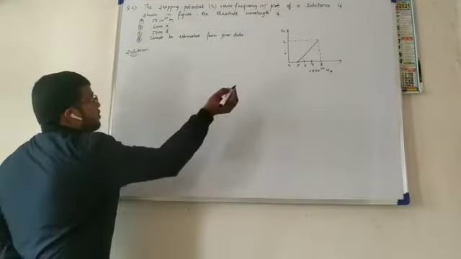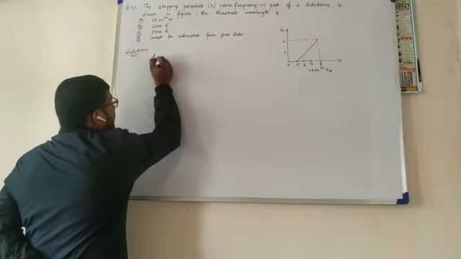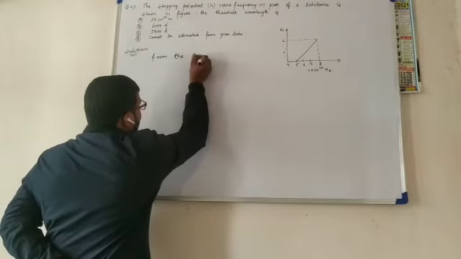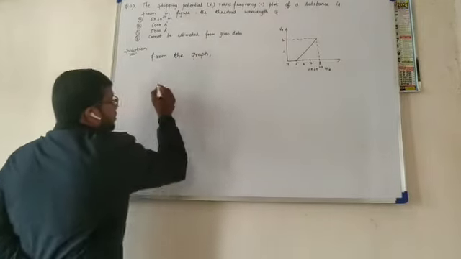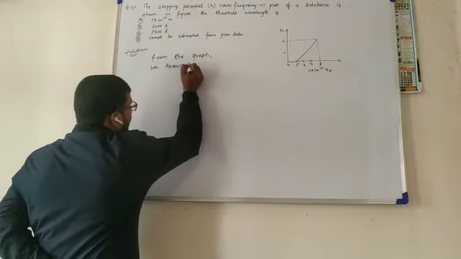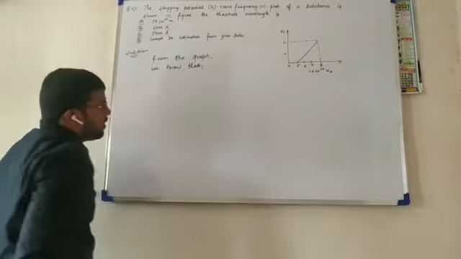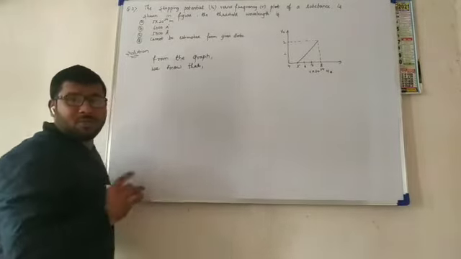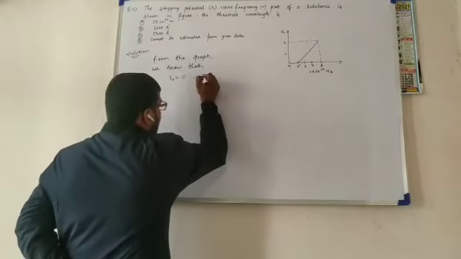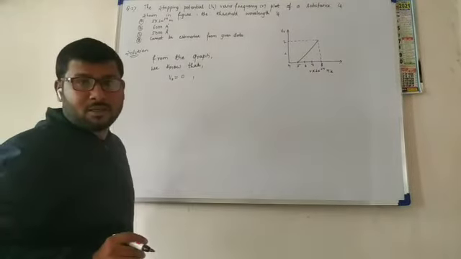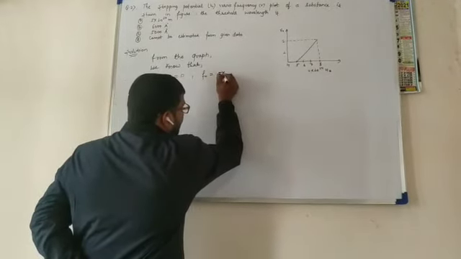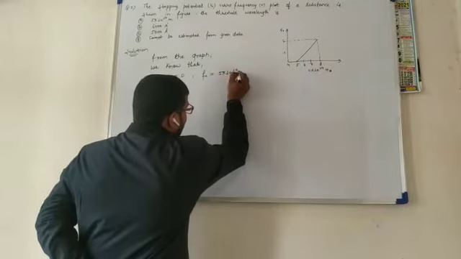So from the graph we know that if the value of the stopping potential V naught is zero, then the value of the threshold frequency F naught is 5 into 10 to the power 14 hertz.